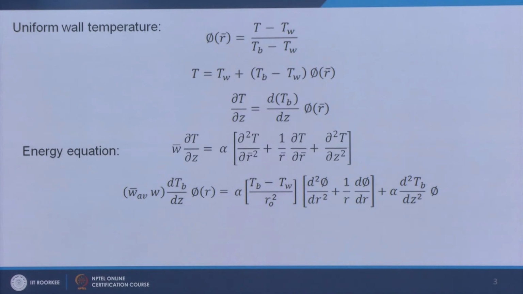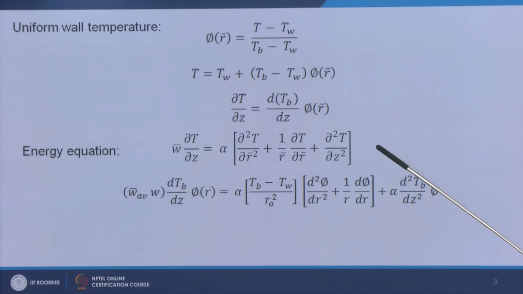In the right hand side, for the radial conduction, we take out Tb minus T infinity for making T to phi. For the axial conduction part we use the derivative once again, so the second derivative of T becomes the second derivative of Tb into phi.